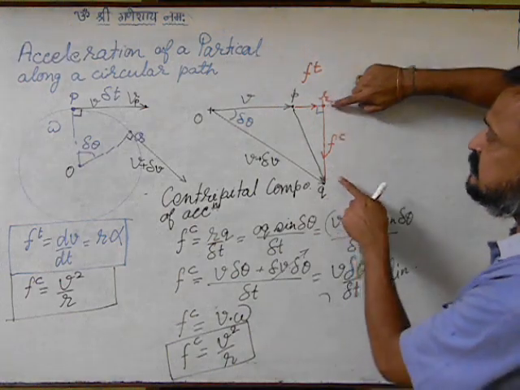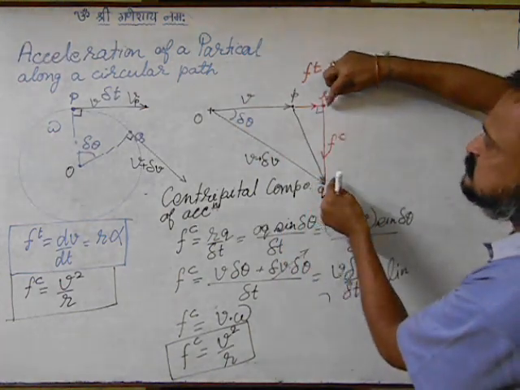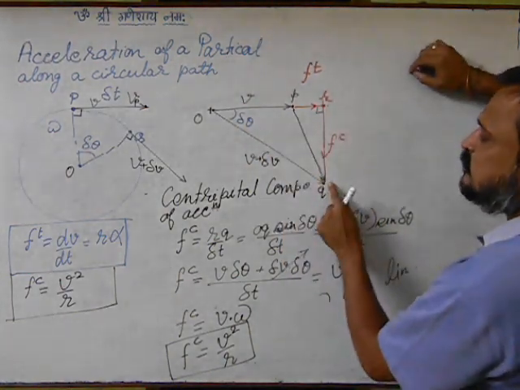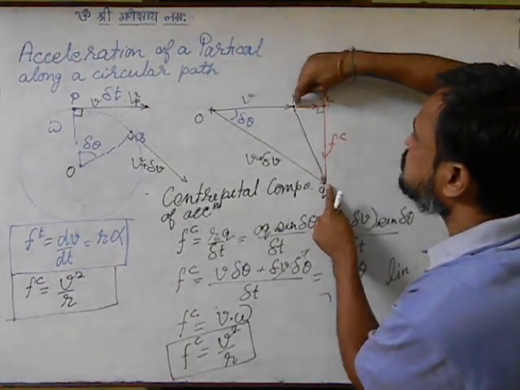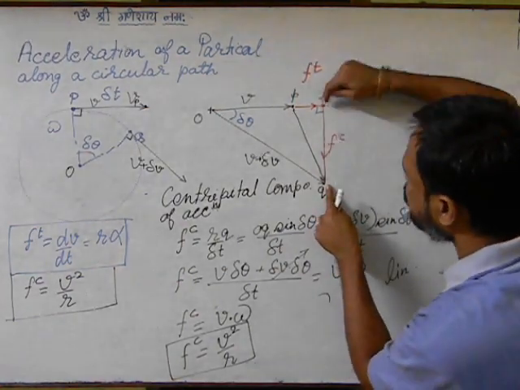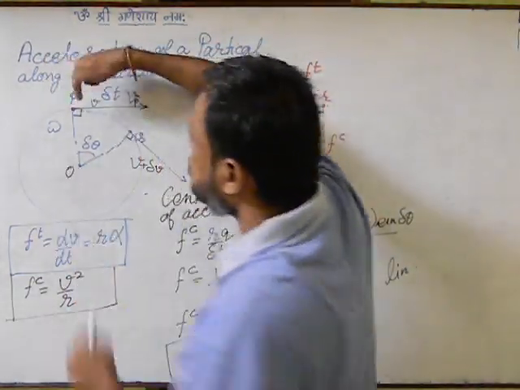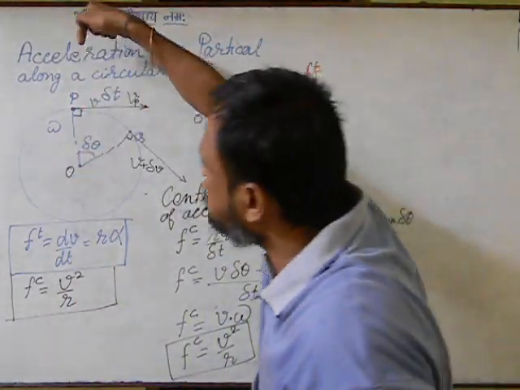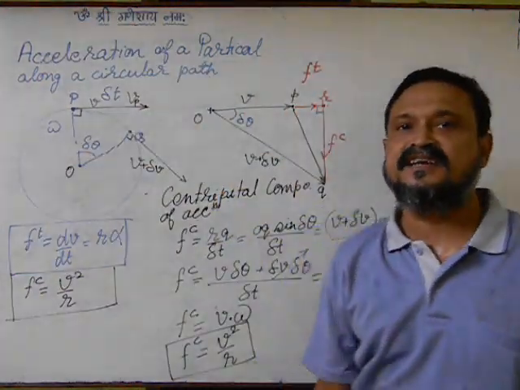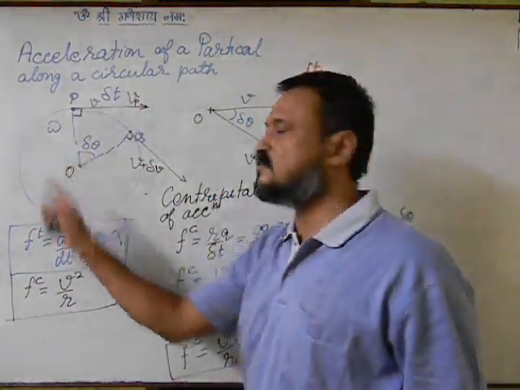Again, I have told you, if you see this vector polygon, if I want to reach Q, it has to move here and then come down. So if you see this vector and put it at this instant, you will see that this vector is pointed towards the center of rotation.